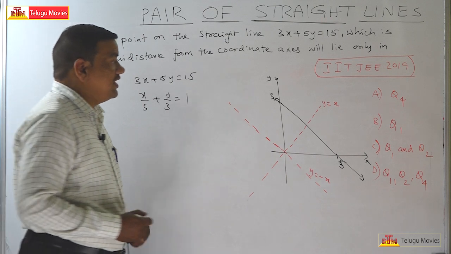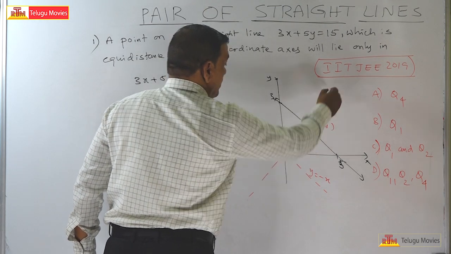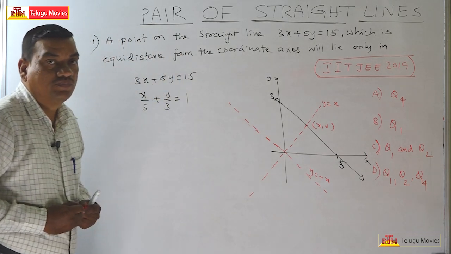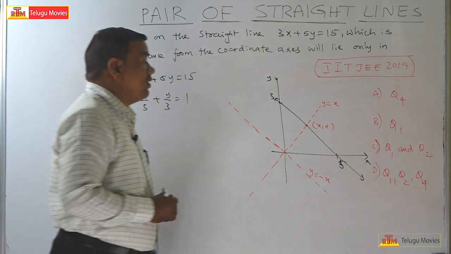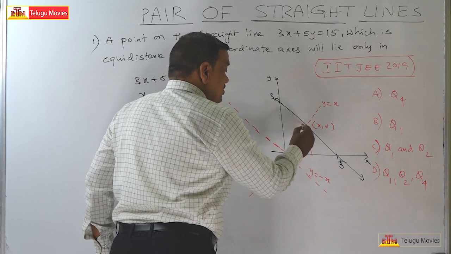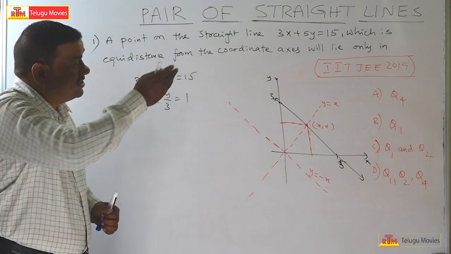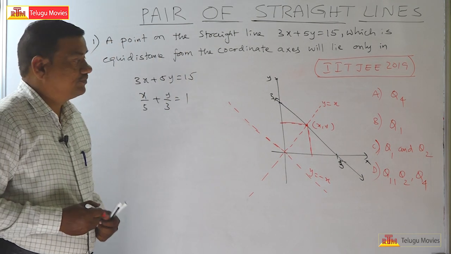The point of intersection here is (x, y). Because y = x, that point is equidistant from the coordinate axes.